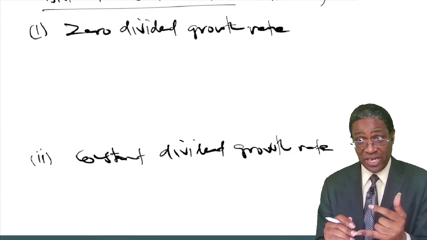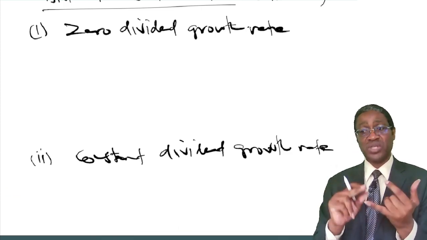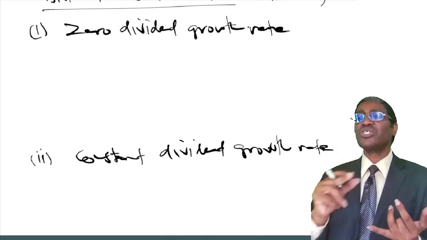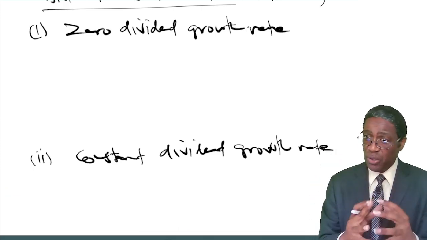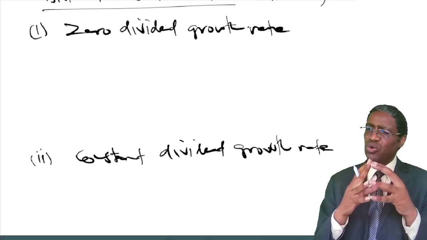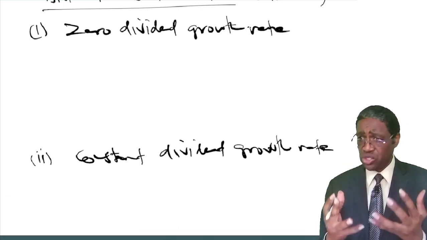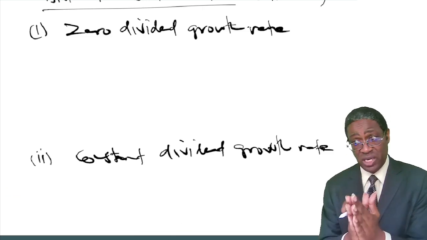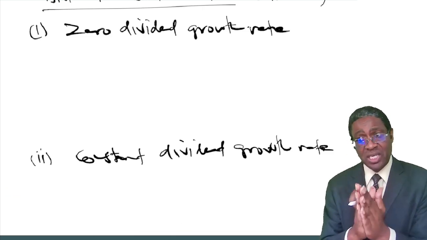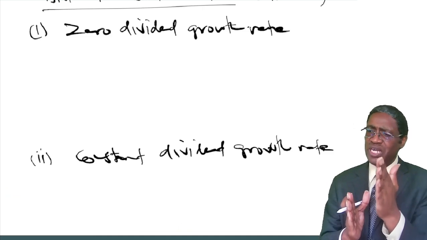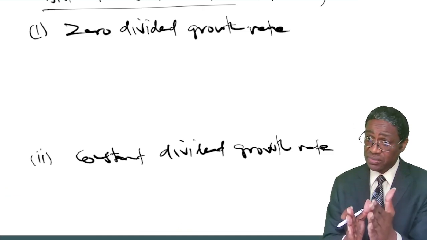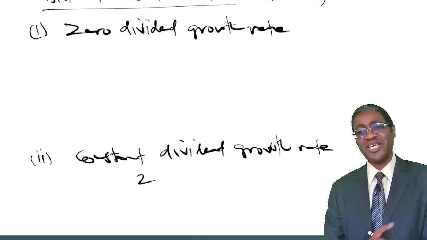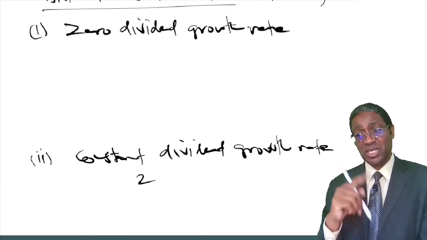He classified ordinary shares into this second category where dividends grow at a constant rate. For example, the question could give you that the dividends are growing by 5% every year. Meaning if the company paid a dividend of 2 shillings, we expect that dividend to grow by 5% in the next year.